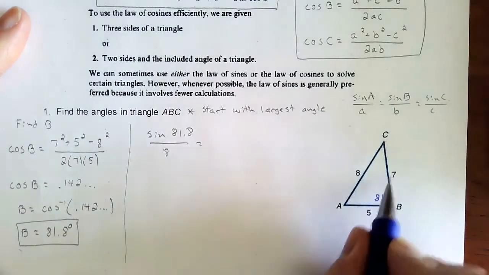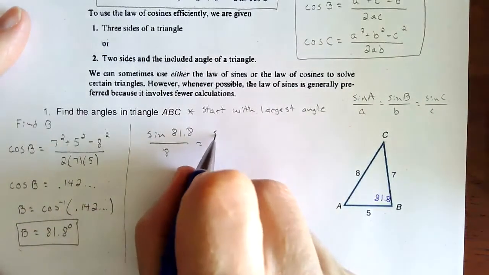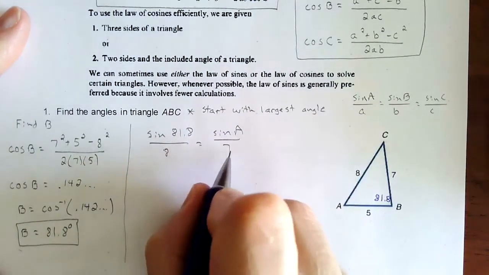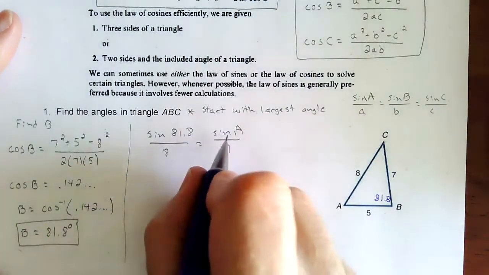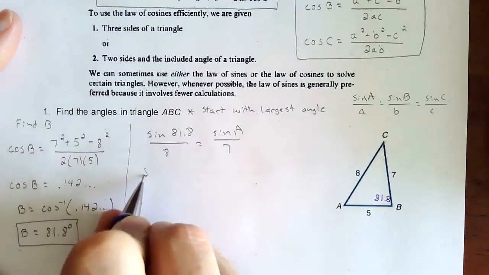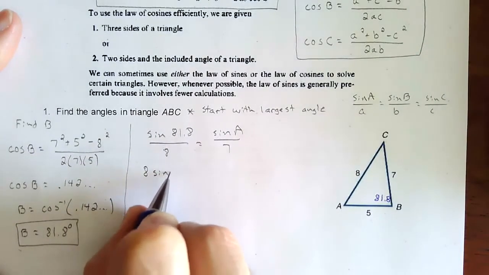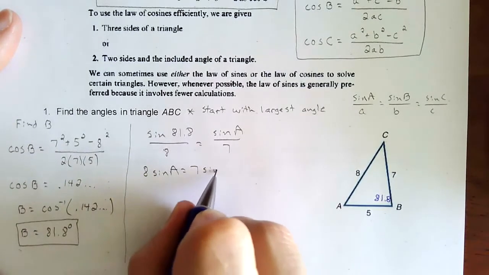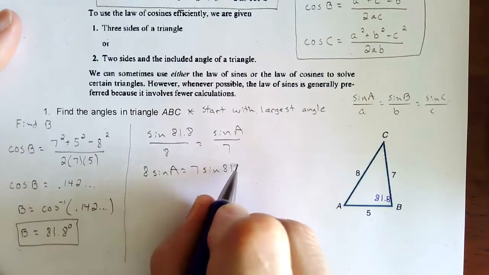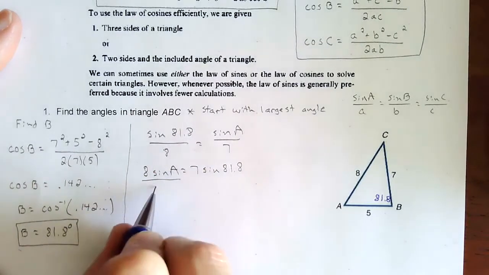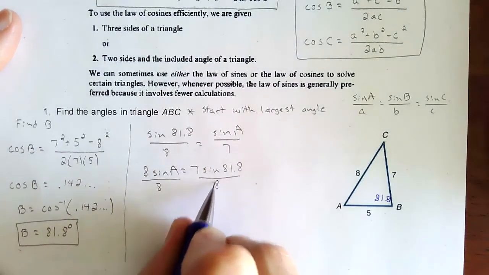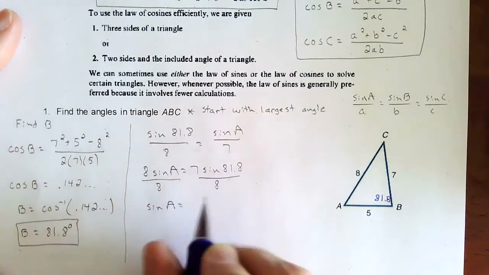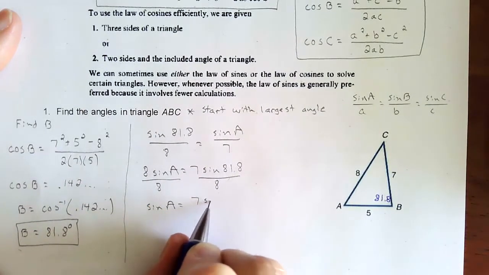And then let's say we find angle A. So now I would be doing sine of angle A over 7, cross multiply. So then I'd have 8 times sine of A equals 7 times sine of 81.8 divided by 8. Sine of A equals whatever that turns out to be.